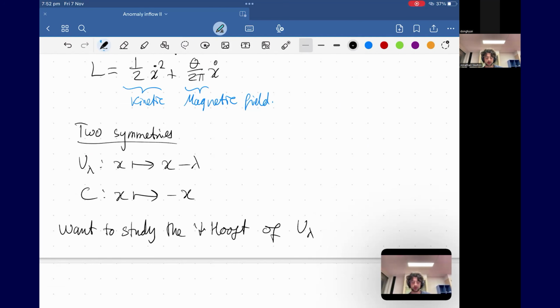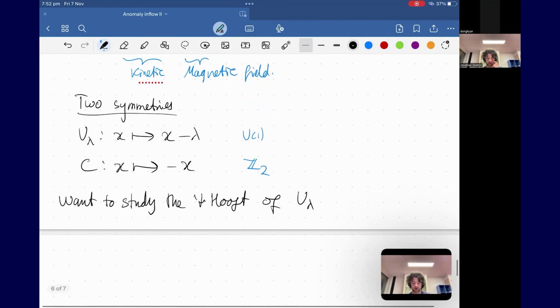Because this is a continuous symmetry group, it's basically a U1 symmetry. It's not technically U1, but it's SO2 anyway. And then this one is going to be Z2. So you have those two.